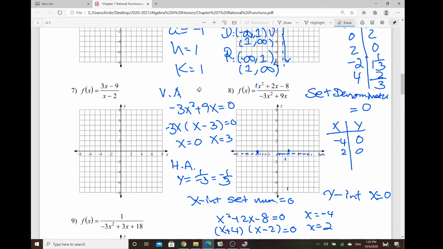Okay, so for the VA, we do have x equals 0. So that's why for this one we cannot find the y-intercept, because the y-axis is all covered by the VA. And then x equals 3, the line right here, that's another VA.